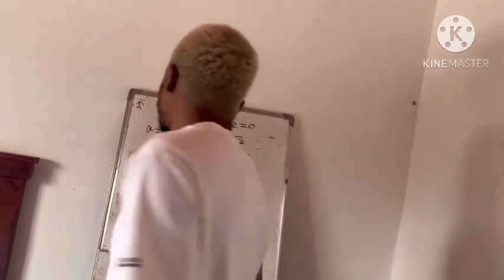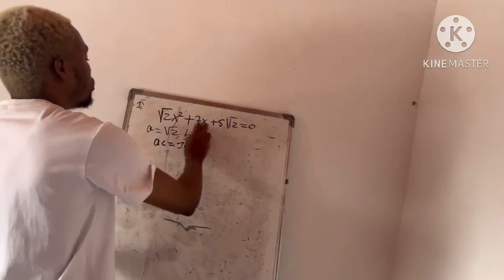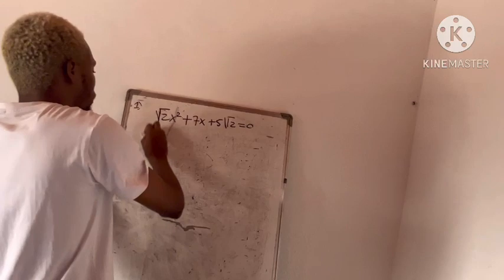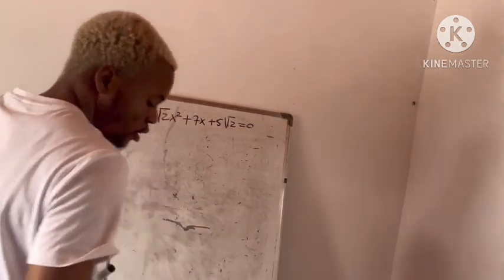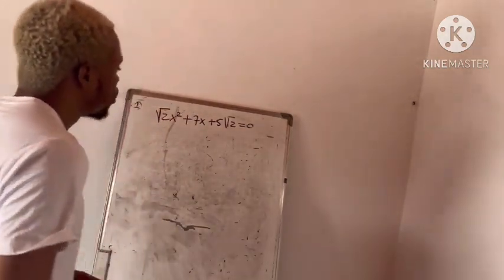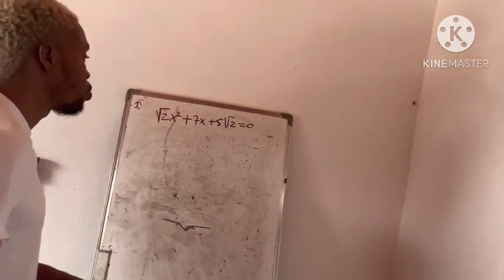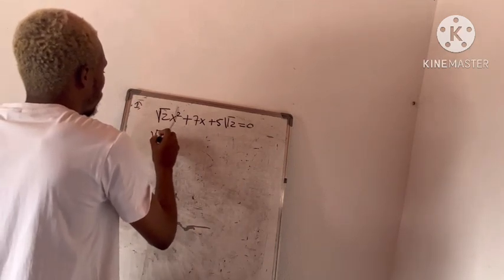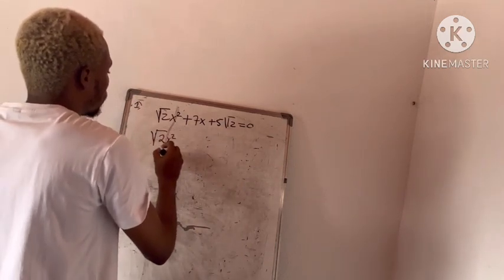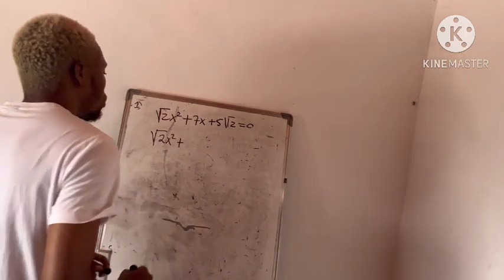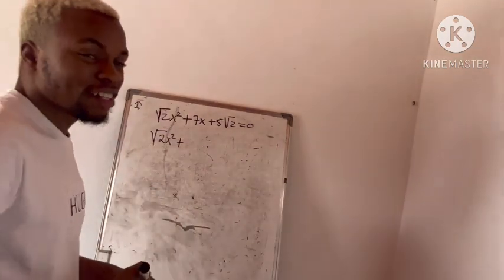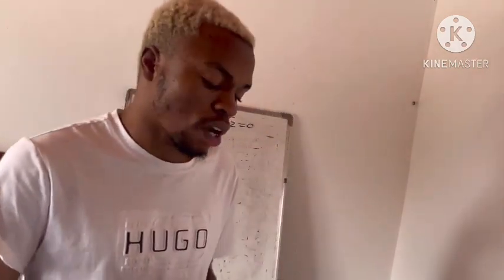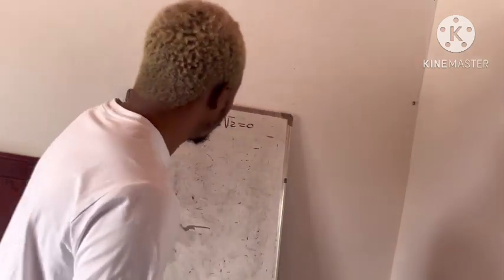So let's wipe out this. Okay, then moving on to factorizing this particular equation. You have square root of 2x squared now plus, 2 too fast. We have not yet thought about our numbers.